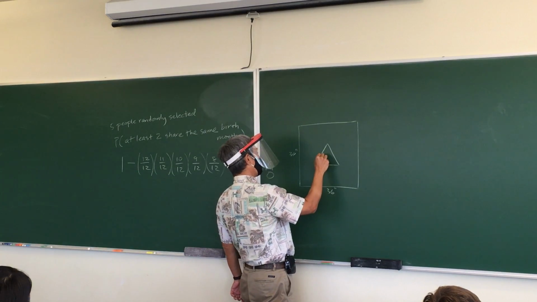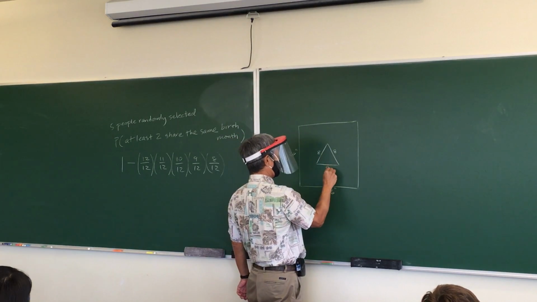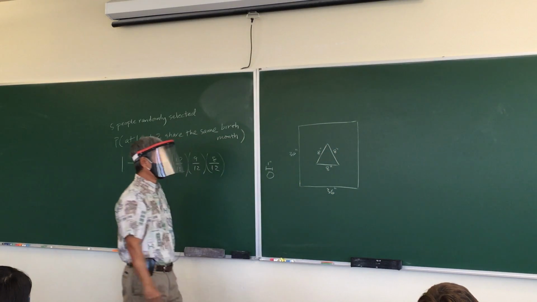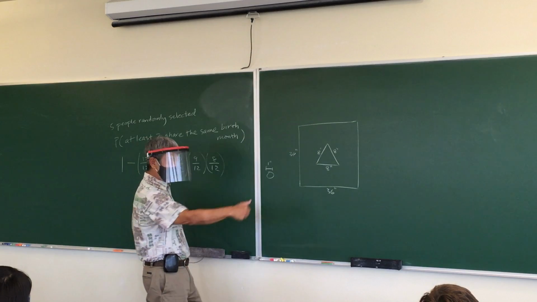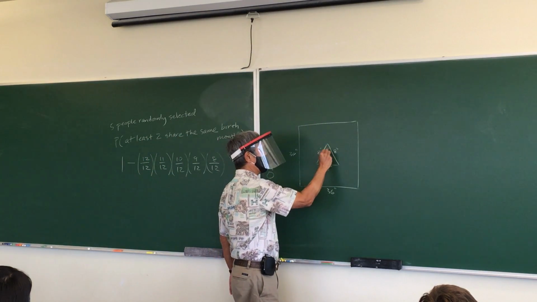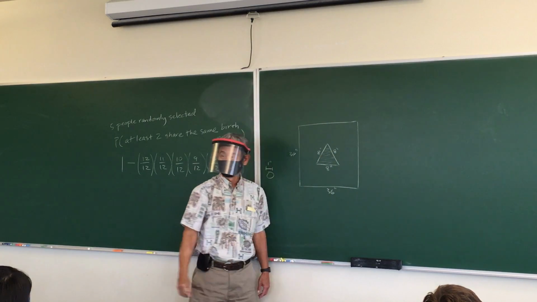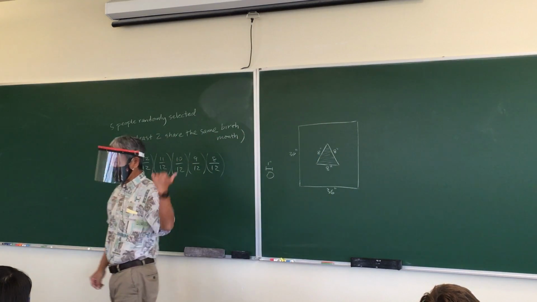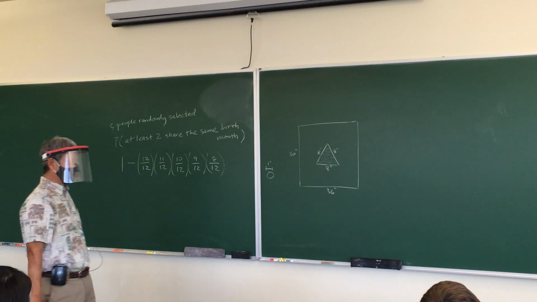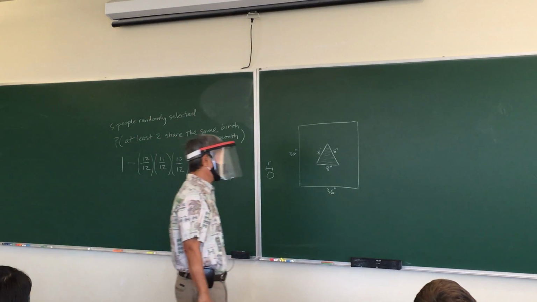Why don't we say 8 by 8 by 8 inches? Okay, so if I randomly toss this coin in here, what's the probability that it will land completely in this shaded region here? Okay, you guys work. Pretend this is the test. Right now, do it on a piece of paper or your iPad.